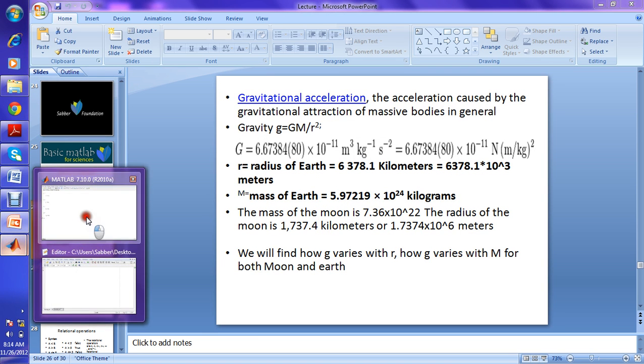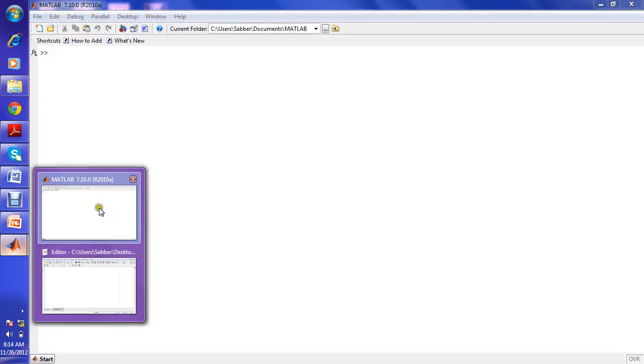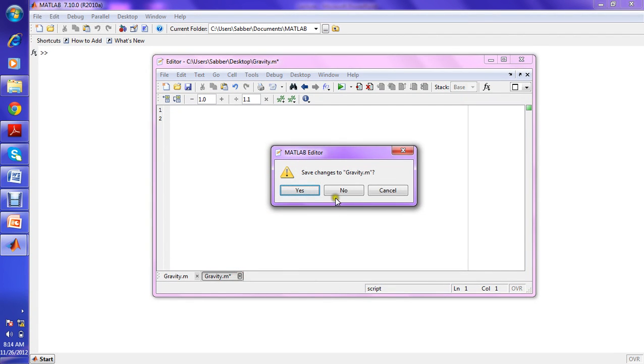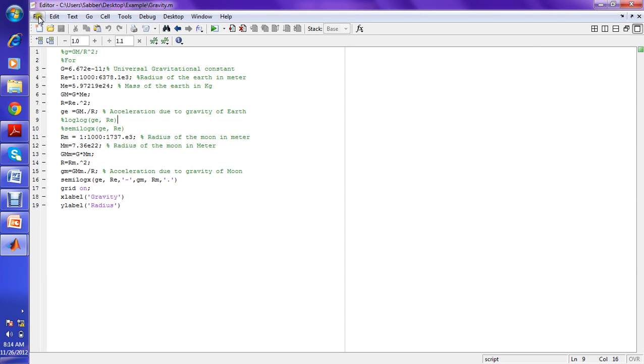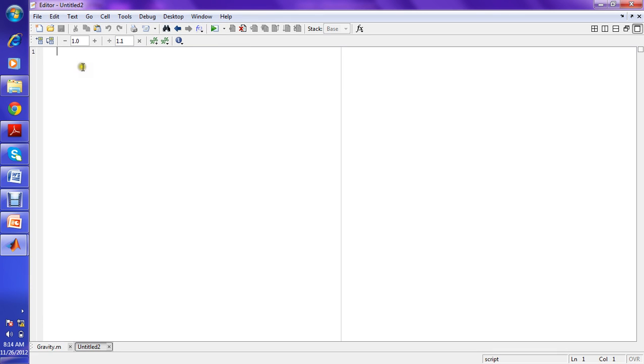Go to Matlab, and let's clear this. Now I'm going to open a new script. We need g equal to 6.672 e to the power minus 11.